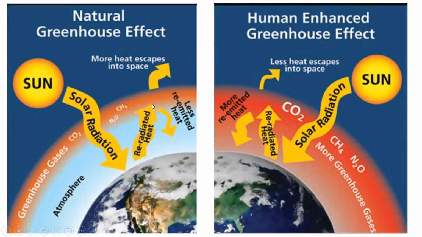So that's a general picture. Some of it does escape back to space. We don't keep all of the radiation in, but some of it is kept in by the greenhouse gases. They keep the Earth warm. So that's a natural one, that's one we need. That occurs by nature.